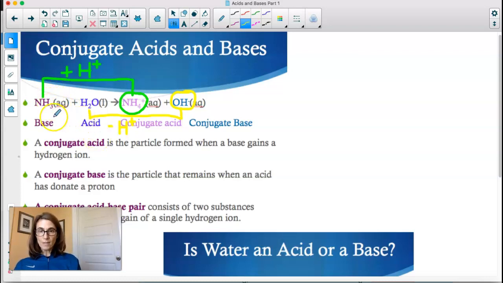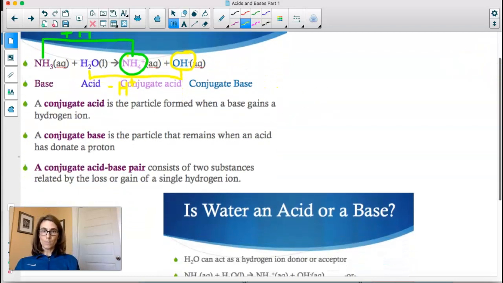When you have an acid-base reaction, you want to figure out what is the thing that accepts a hydrogen ion. Going from this side to this side, in the change of formula, you added an H plus to NH3, and in going from H2O to OH minus, you lost an H plus. So the H2O was our hydrogen ion donor, and our NH3 was the hydrogen ion acceptor, making it a base.